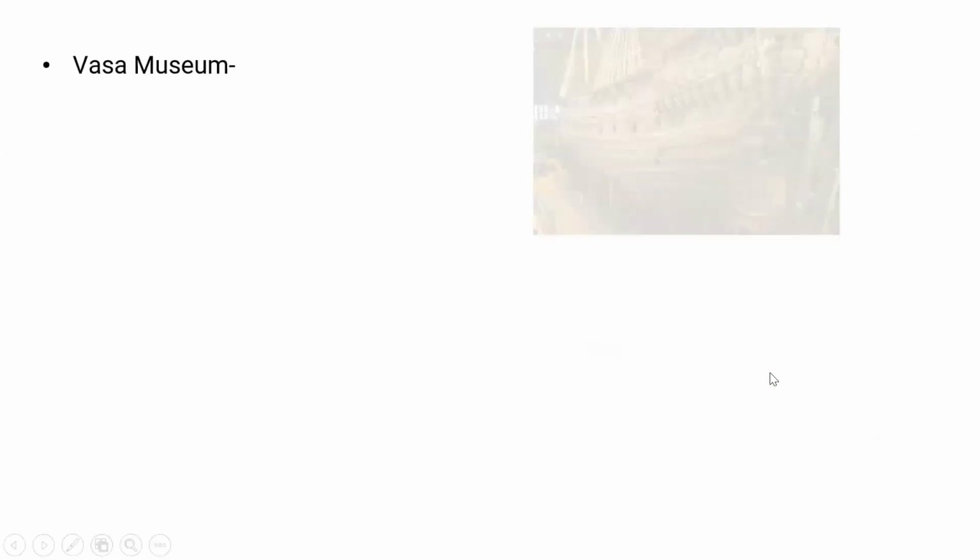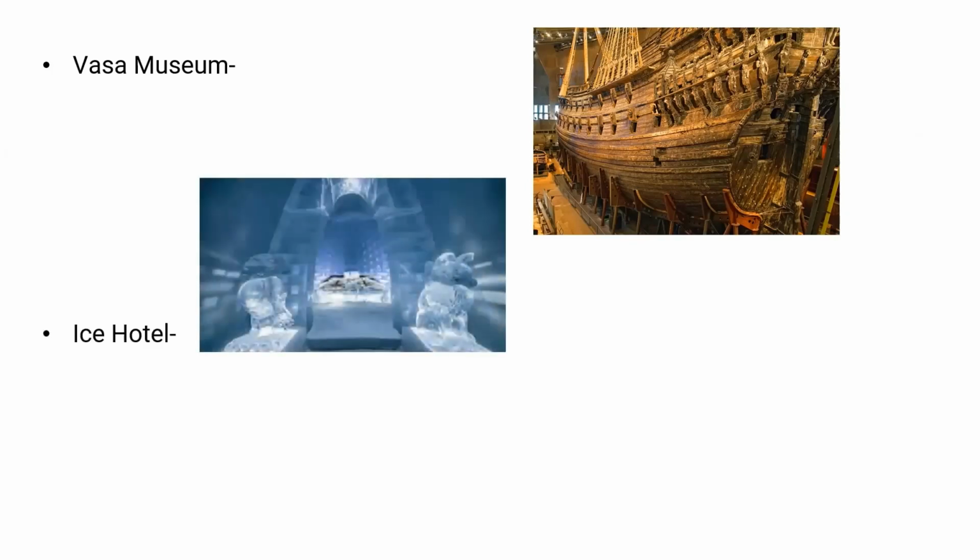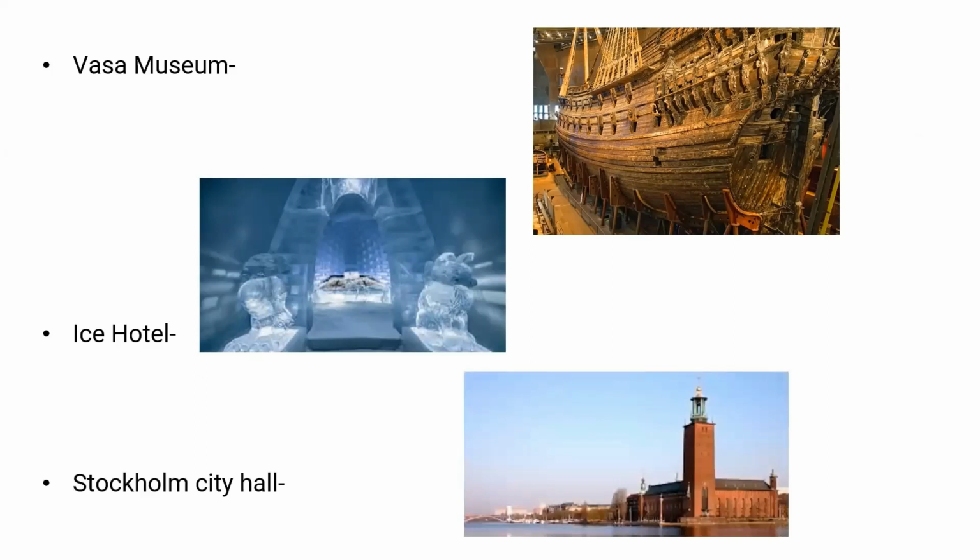The Vasa Museum has 2 million visitors per year, and it holds a lot of things, including Vikings and the kings, all of their statues. The famous ice hotel is carved out of ice, which maintains its shape throughout the year. And the Stockholm City Hall is famous for its architecture, but is the municipal corporation. Thank you.